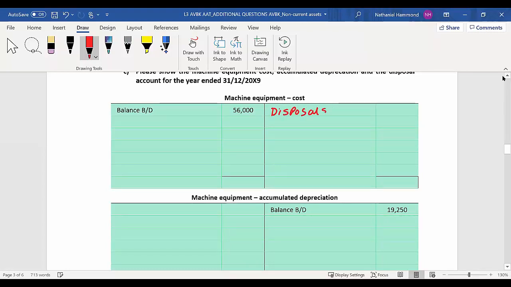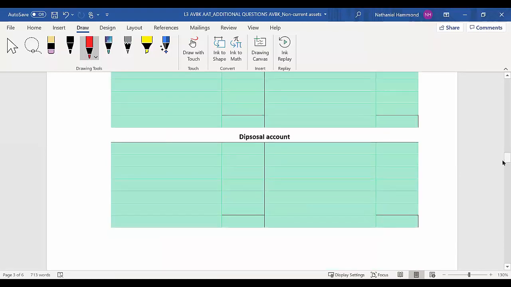We'll try to write my neatest in these small boxes, and that's going to be for the full cost of what we originally paid for the asset. And then of course, move down to our disposals account. Then on the debit side, the exact same entry. Okay, so that's step one.